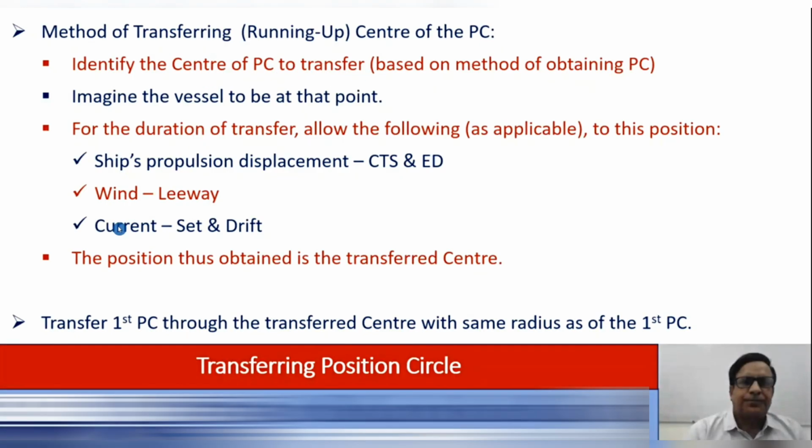So all these three forces which are acting on the ship, one is the ship's engine, second is the wind, third is the current, they are applied on the center of the circle and we obtain the transferred center, and this transferred center is used to draw the transferred position circle.